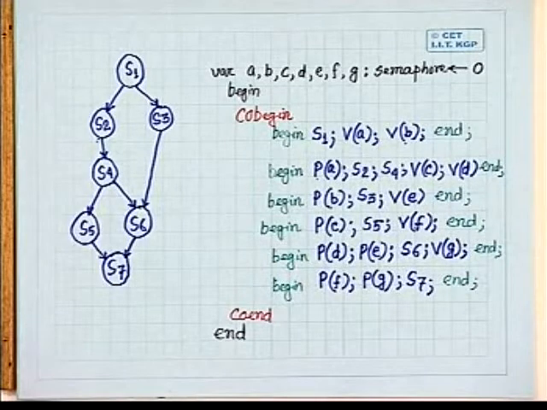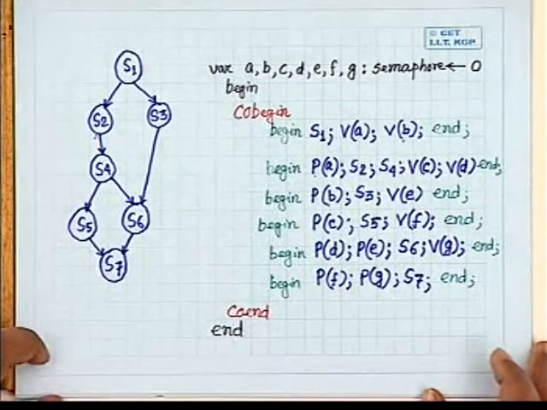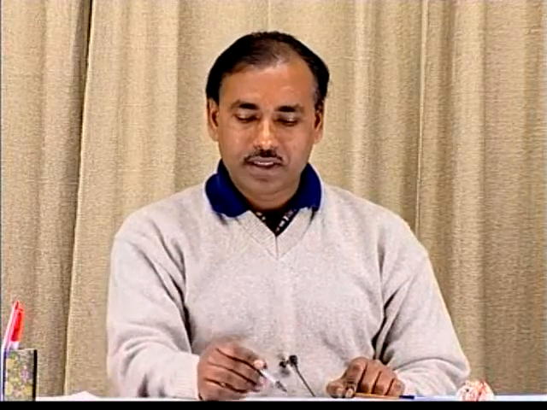So with the implementation of semaphore variables with the P operation and V operation, this co-begin co-end construct is as powerful as the fork join structure. Whatever precedence graph is given, you can now implement that both using fork join and using co-begin co-end by making use of the semaphore variables and semaphore operations.